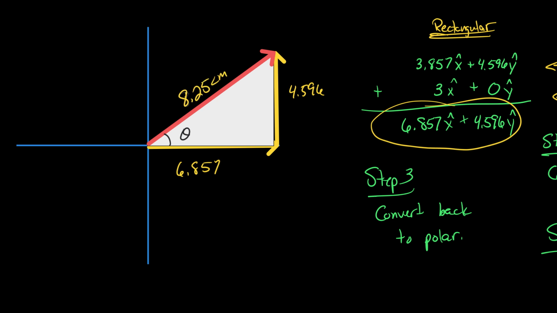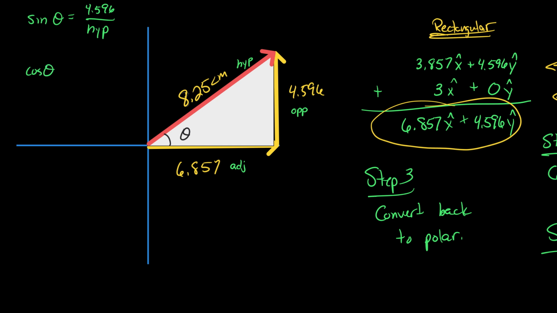I'm going to label my sides so I know what's what. This is opposite. This is adjacent. This is hypotenuse. I'm going to consider the trig functions. Sine theta is opposite divided by hypotenuse.